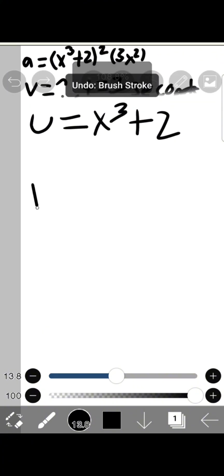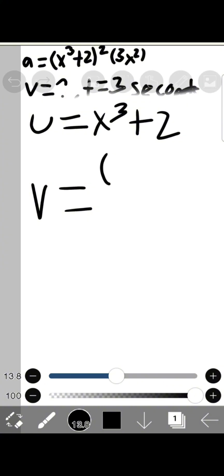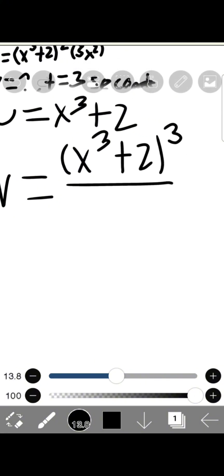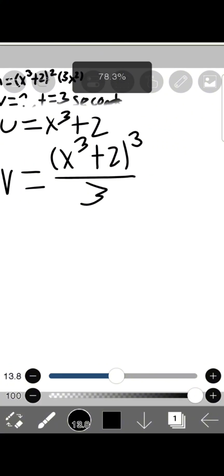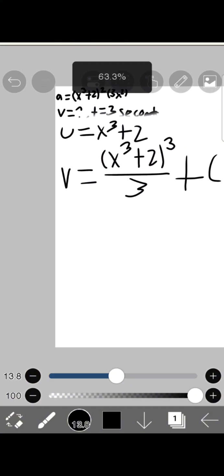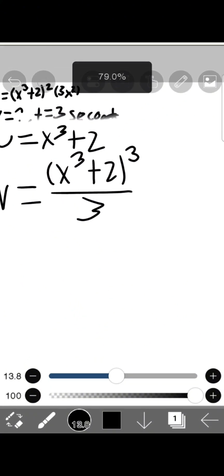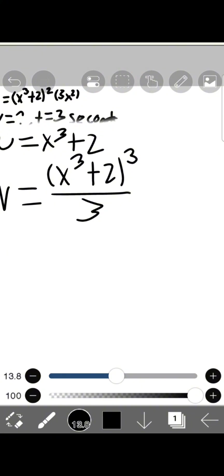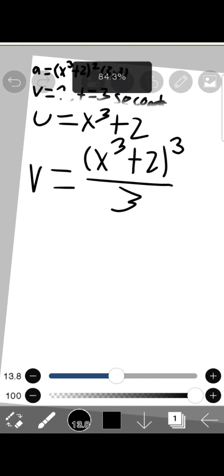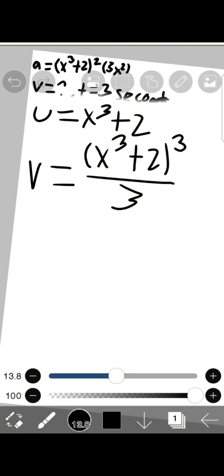Therefore our velocity is defined as x cubed plus 2, cubed, all over 3, plus C. But we can ignore the plus C, because when we take the derivative of this, the derivative of a constant is equal to 0, so it wouldn't matter that much.